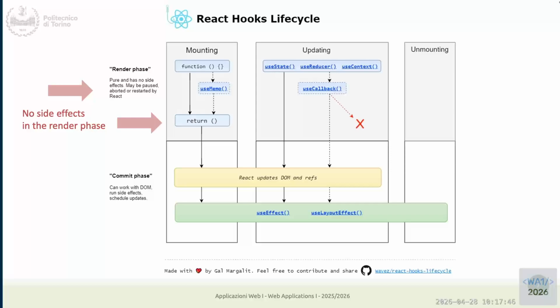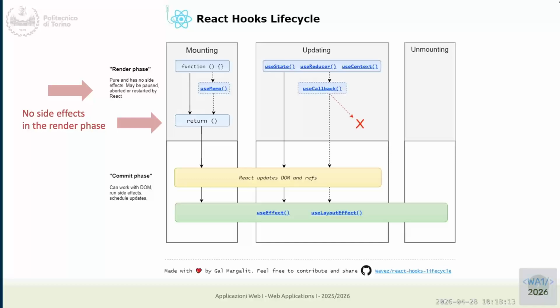Side effects meaning it can never modify anything outside its own return value. And it also can never rely on some other information that comes from the outside of the component itself. So for any information that is not in the props and is not in the state or in the context. Okay? So this is the rule for the render phase.